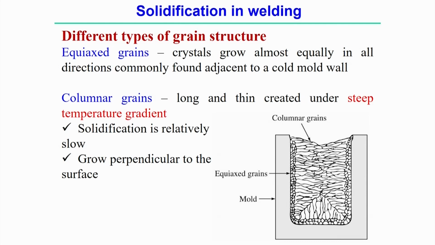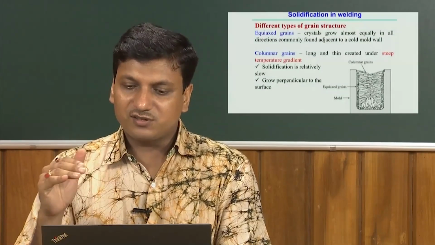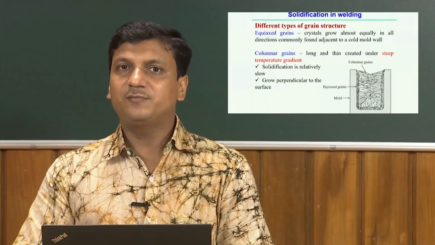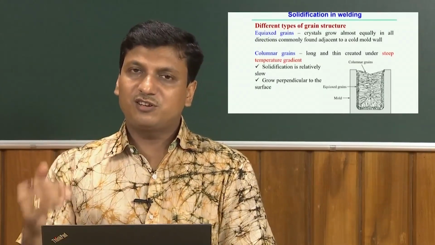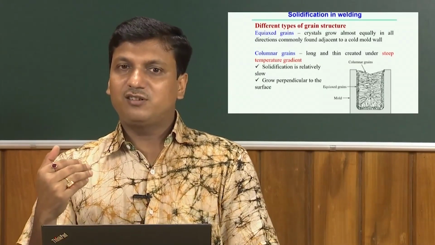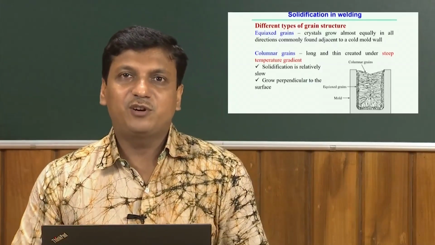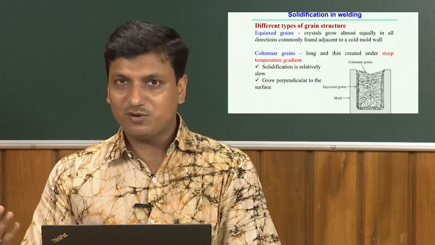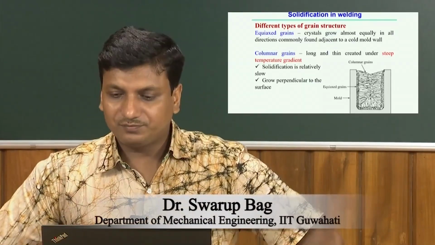Another point is that columnar grains grow perpendicular to the surface, and it depends on the directed, high temperature gradient in a specific direction.